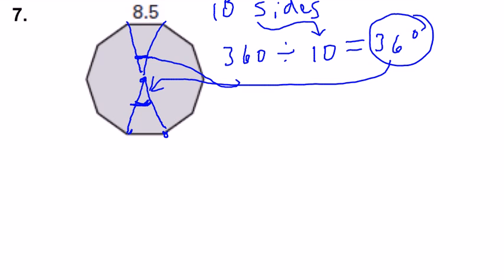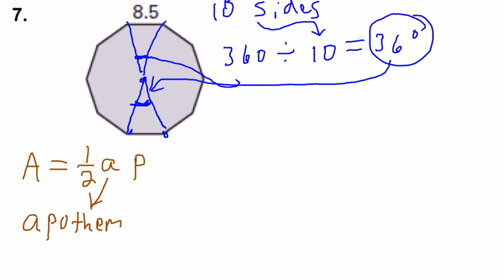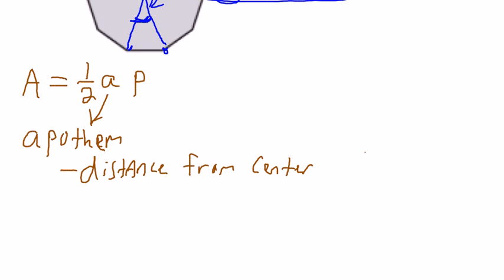Now, the formula for the area of a regular polygon is 1/2 AP. And A is a new word for us this chapter. It's called the apothem. The apothem is the distance from that center point to a side.